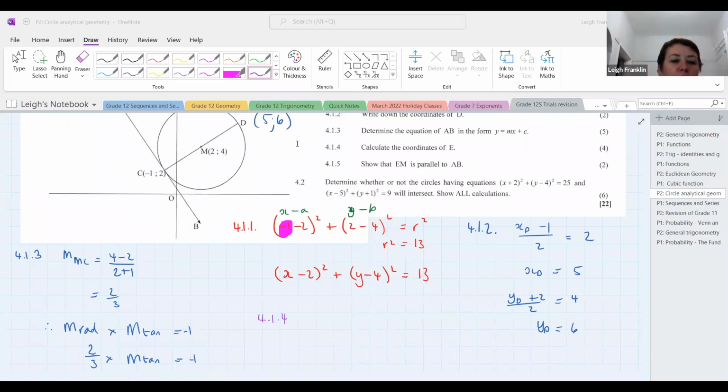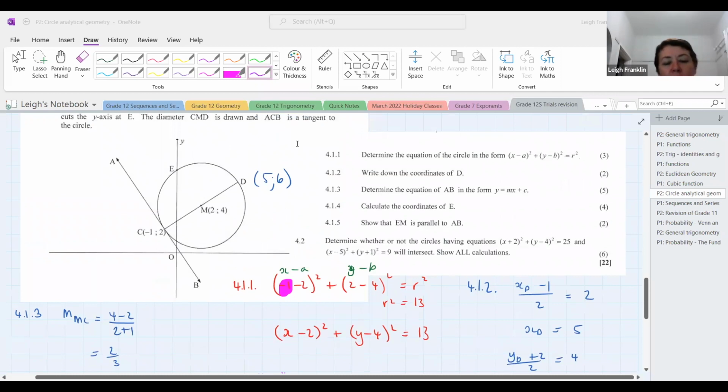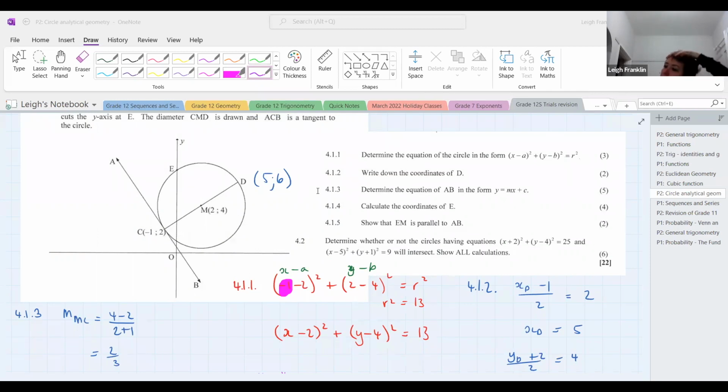Yes, sure, Hope. Sorry, I beg your pardon. E is up at the top there. It's a point on the y-axis. Sure, Cornelia, not a problem.